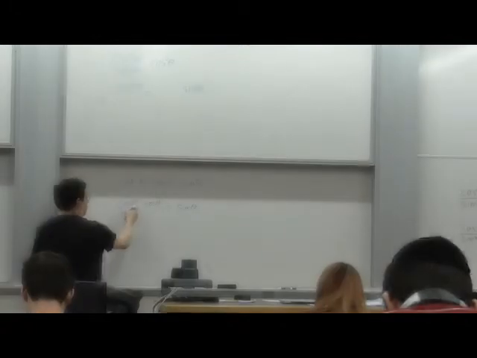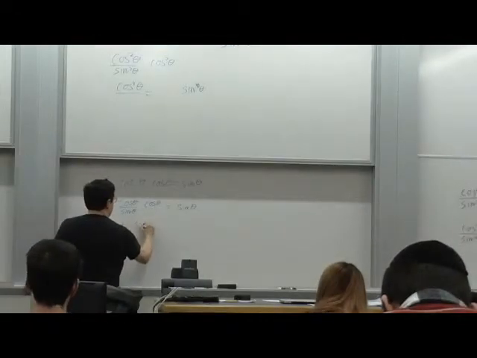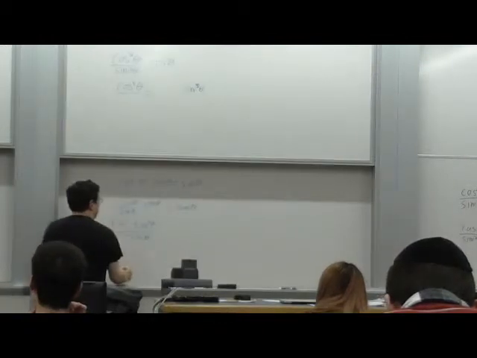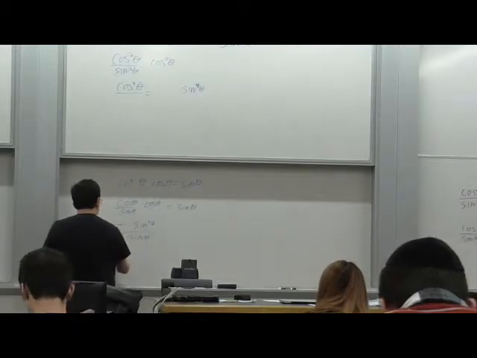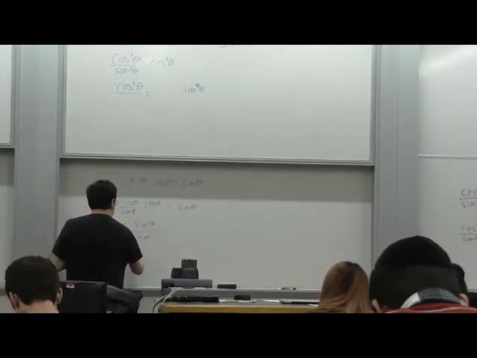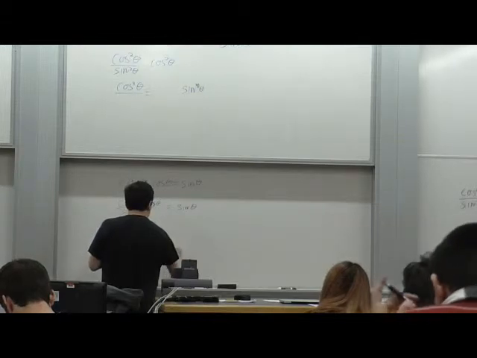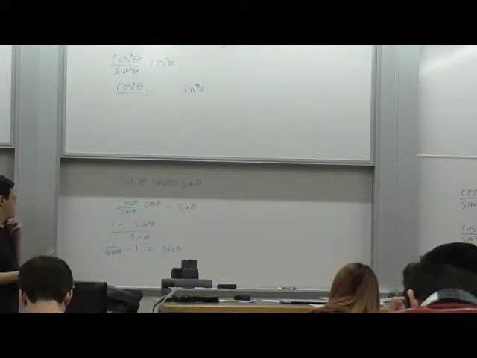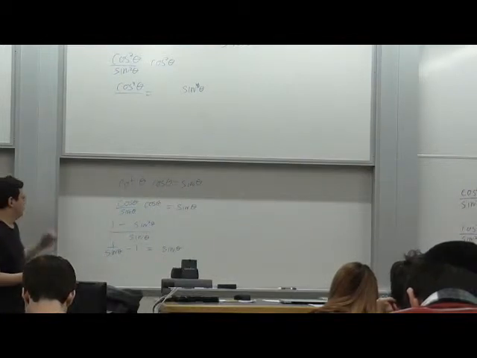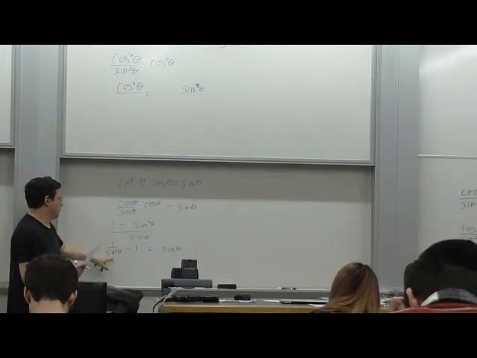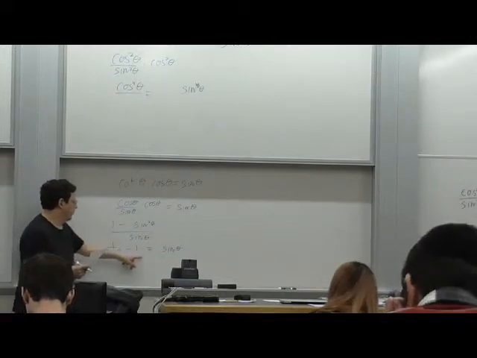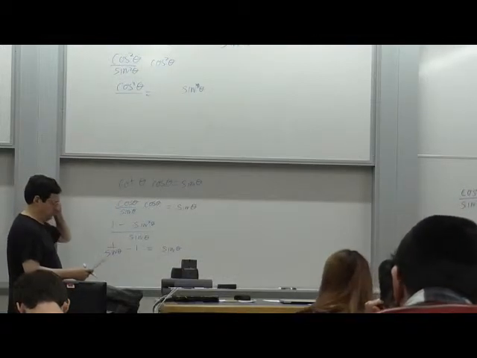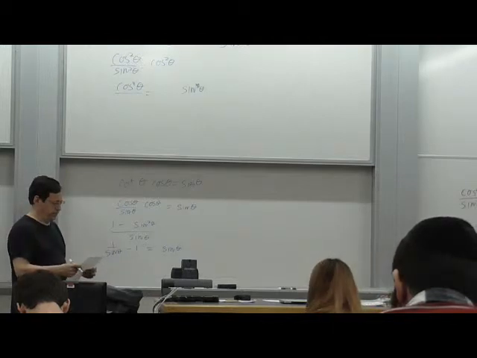Well, this is cosine squared, so I could make that 1 minus sine squared over sine, minus 1 equals sine. Well, that doesn't look very good, does it? Because this could be a huge number, right? Minus 1. Sine can only be between -1 and 1. So this is wrong. I wonder how this snuck in here.